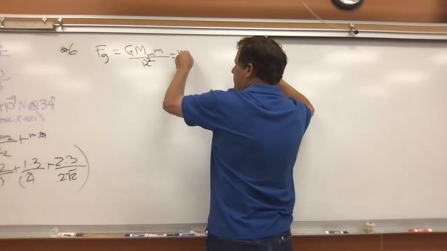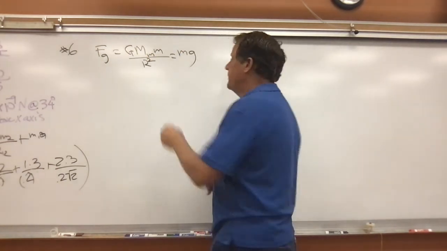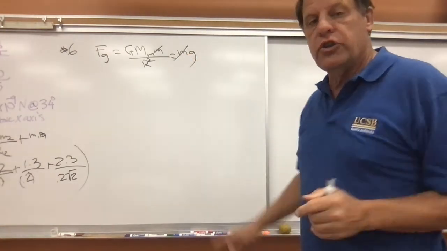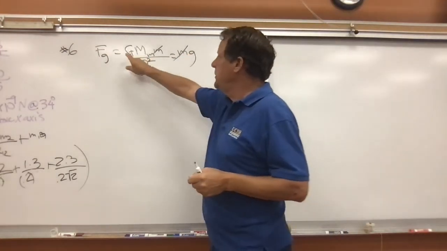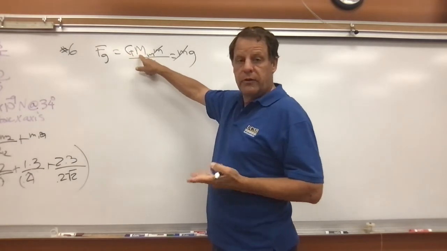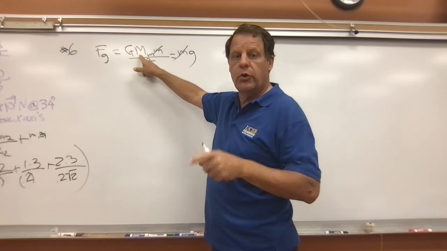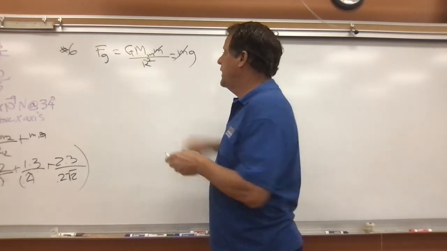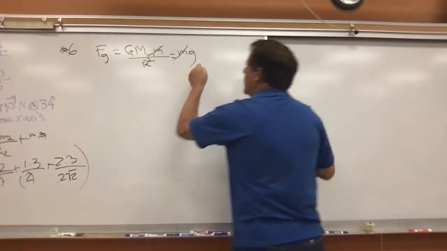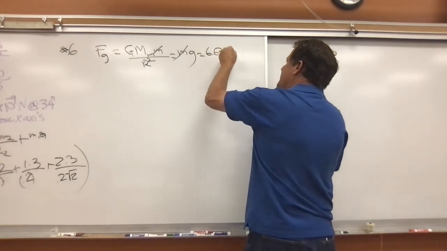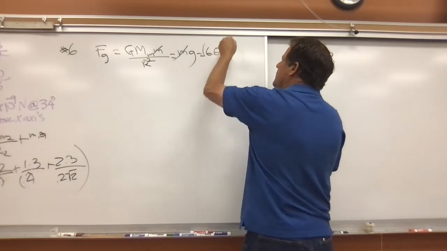But remember that force of gravity is mg. Okay, so those two m's are going to cancel out. So whenever you want to calculate just the acceleration due to gravity, it's going to be big G times the mass of whatever planet, asteroid, moon you're talking about, divided by its radius squared. Okay, so we can now say 6.67 times 10 to the negative 11th.